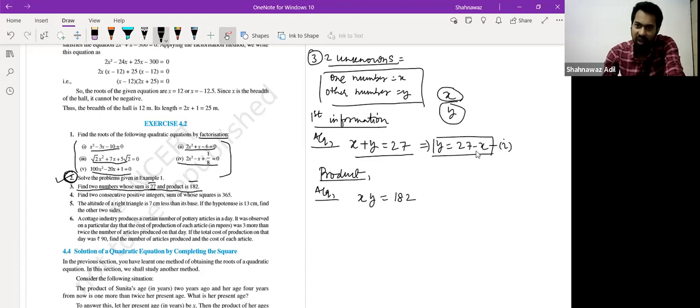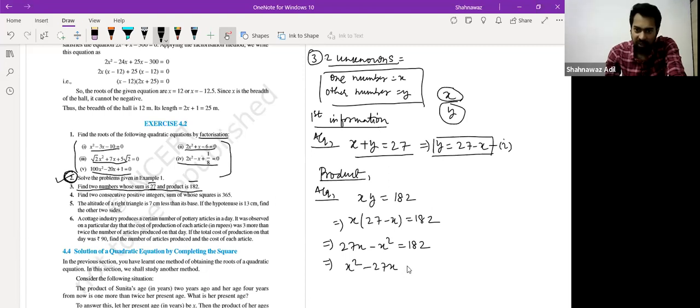Now we put the value of Y, so this will be X into 27 minus X. Right, Adil? Now this would be 27X minus X square, and this is 182. Now we take this to the other side. So X square minus 27X plus 182.